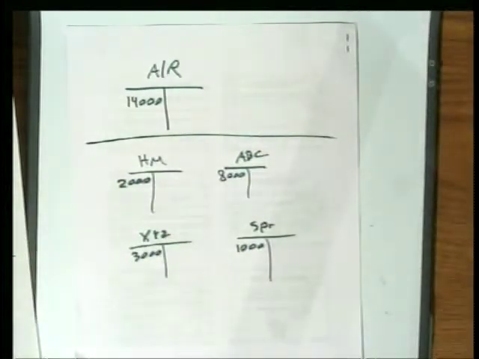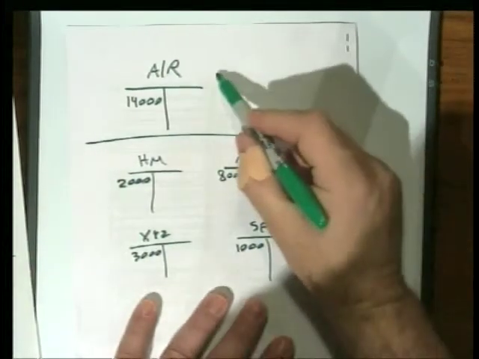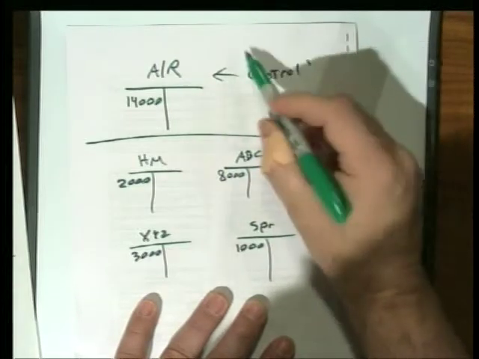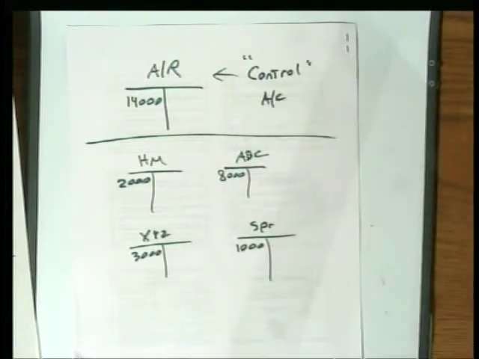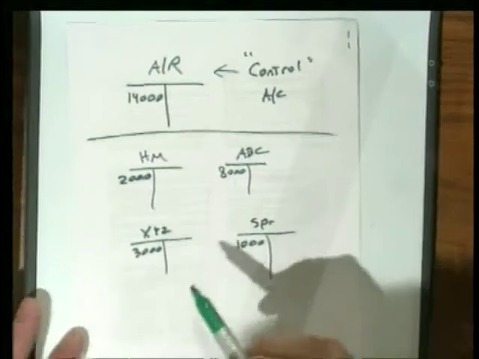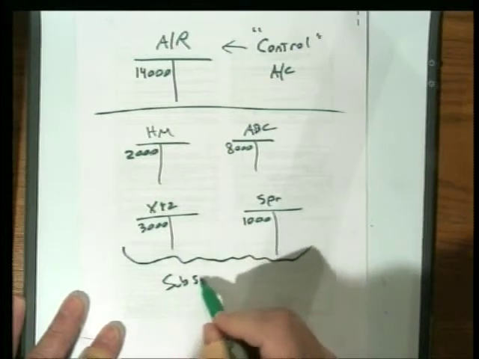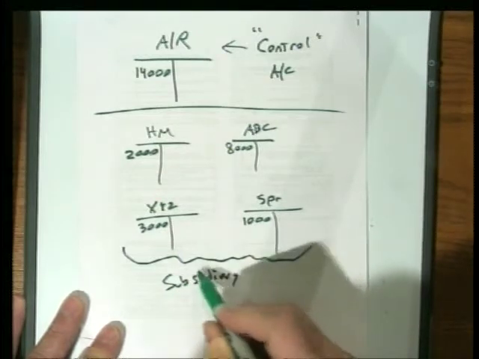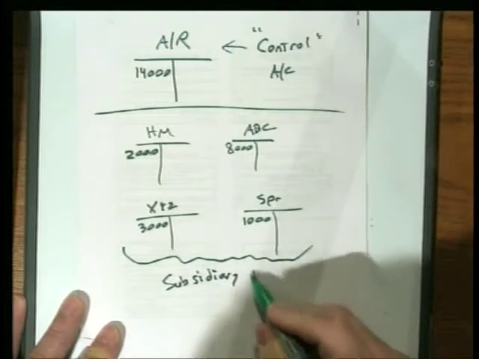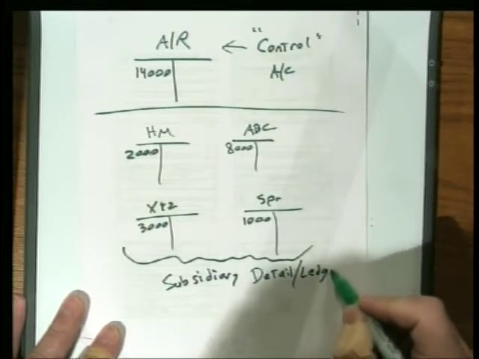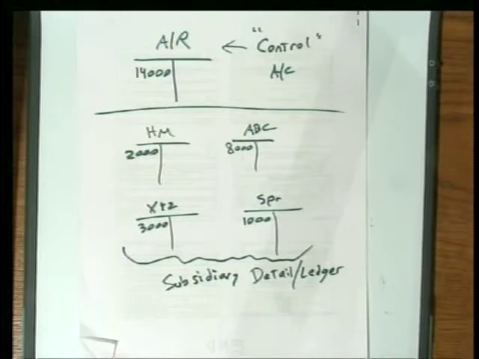An important designation here: we call this account the control account. What we call this down here is the subsidiary detail, or the subsidiary ledger, or sometimes the customer subsidiary detail or customer subsidiary ledger.